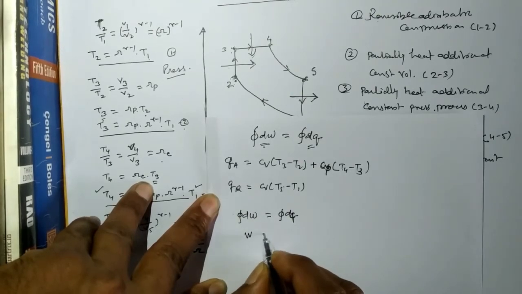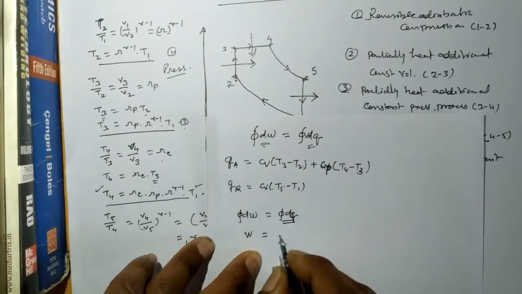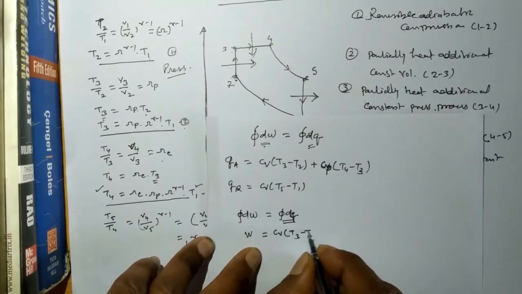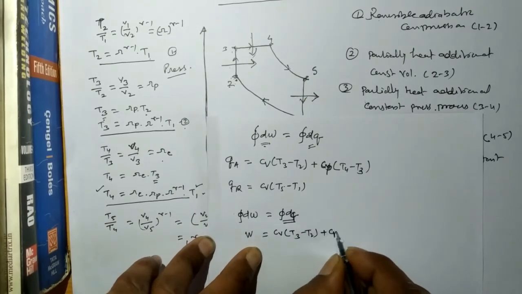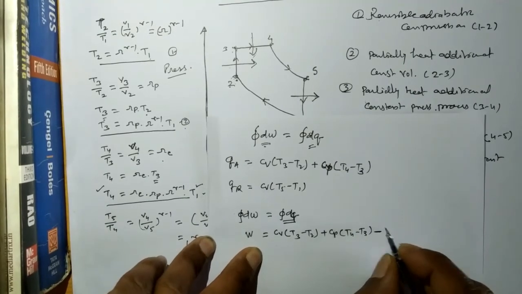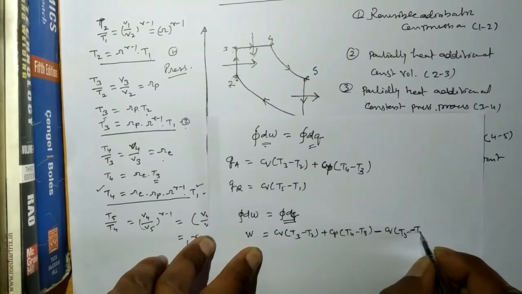Hence net work done by the dual cycle will equal total heat transferred, that is Cv (T3 minus T2) plus Cp (T4 minus T3) minus Cv (T5 minus T1).